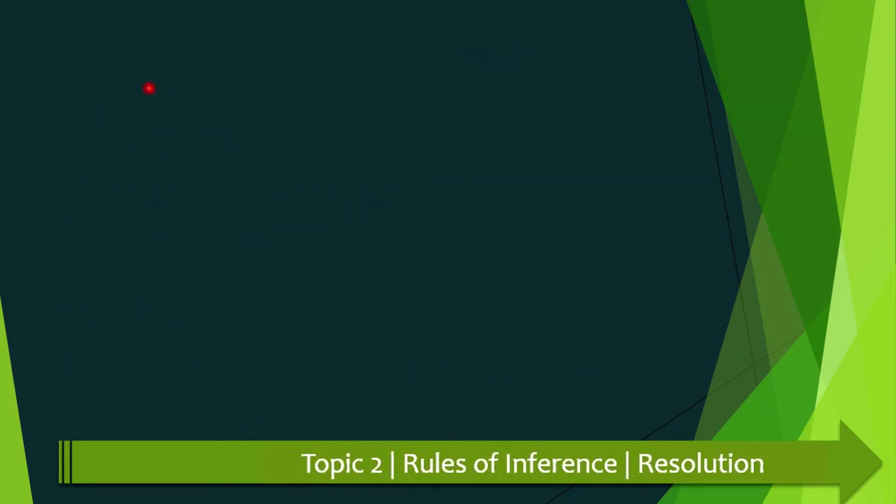So that is P and Q or R, then the other one is R implies S. We must be having a conclusion of P or S. So how are we going to solve this one? P and Q or R can be written as P or R and then Q or R.